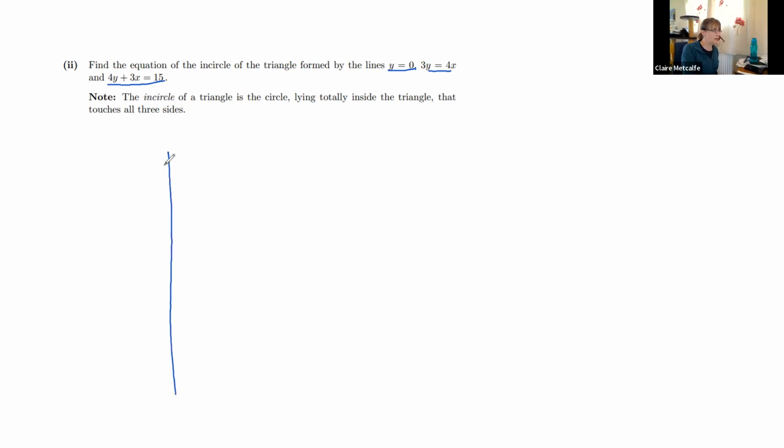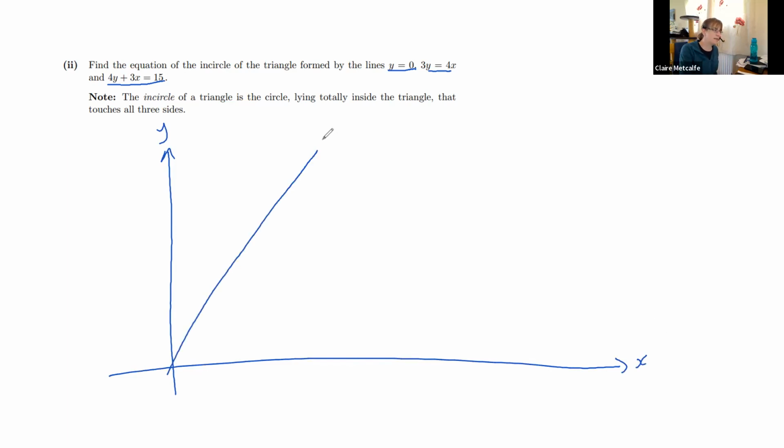So this is our y-axis. This is our x-axis. This is 3y equals 4x. And this is our 4y plus 3x equals 15. This is our 15 over 4. This is our 5.